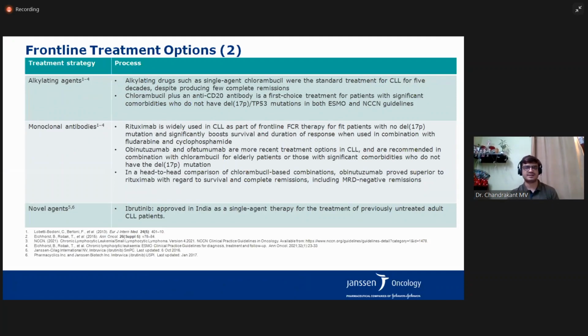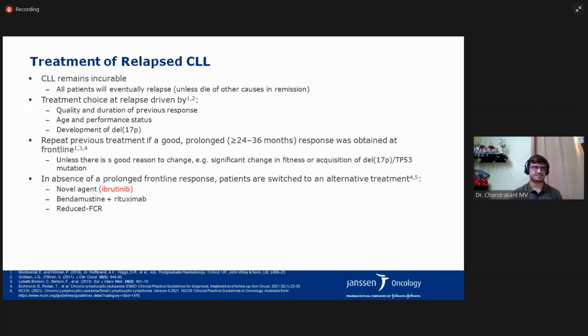And then we have other alkylating agents like chlorambucil, which we hardly use nowadays. And then we have monoclonal antibodies, especially rituximab, obinutuzumab, ofatumumab, which I'll be showing further. And we have novel agents like ibrutinib, acalabrutinib, then idelalisib and venetoclax, which I'll be showing further.